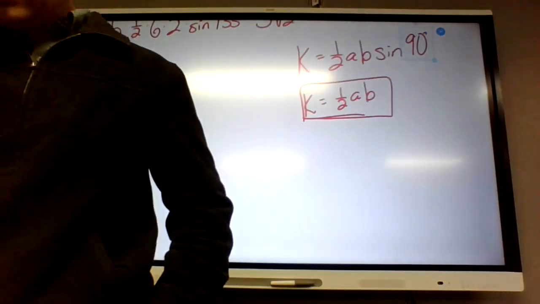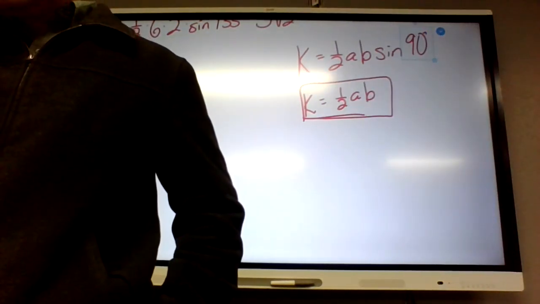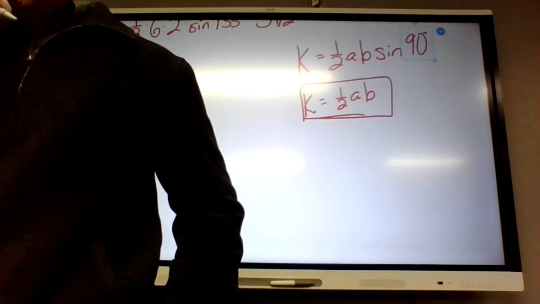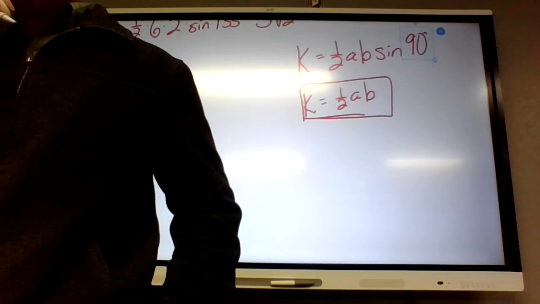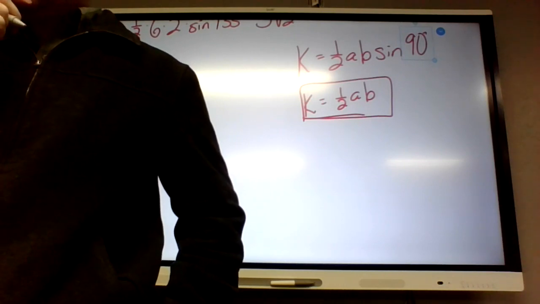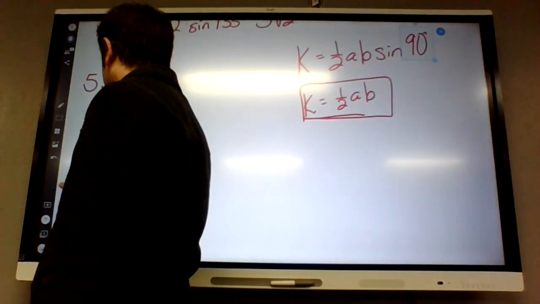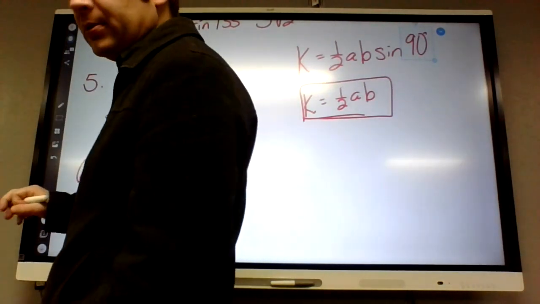Oh, number 6. It shows the diagram, the right angle C. Triangle ABC is obtuse. Give the area K of ABC. Yeah, 6 is weird too.